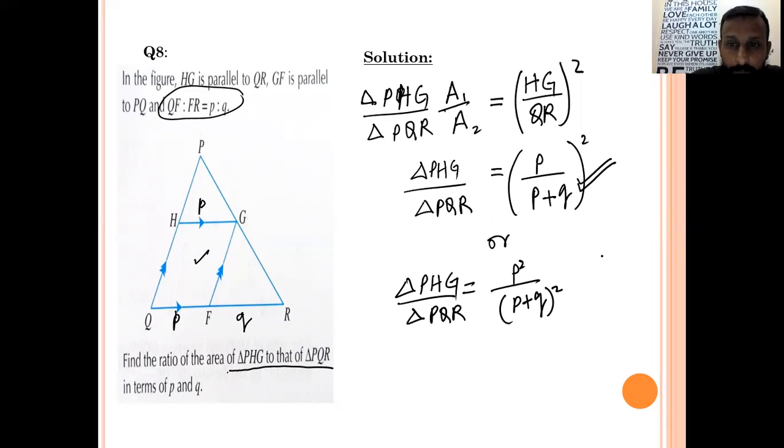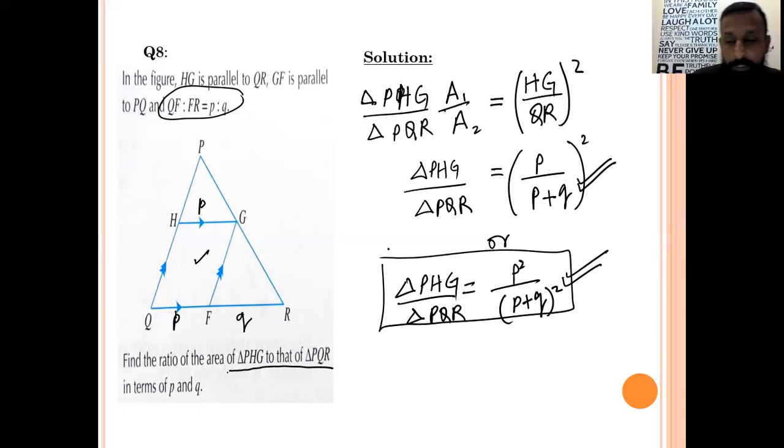This is also correct. Now, hope this makes sense to you guys. What we have done is applied a simple formula. The ratio of areas of the two similar figures is equal to the square of the ratio of their corresponding lengths, and we plug in these values, open up the brackets, and finally we find that the area of the triangle PHG upon area of the triangle PQR is equal to P square upon P plus Q the whole square. This is the required answer in terms of P and Q.